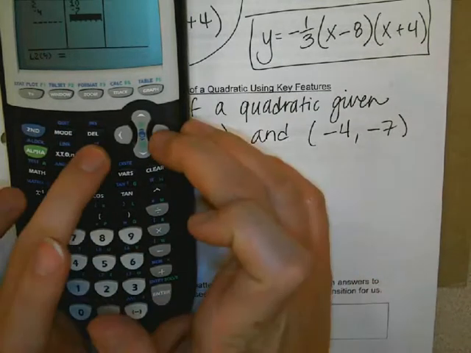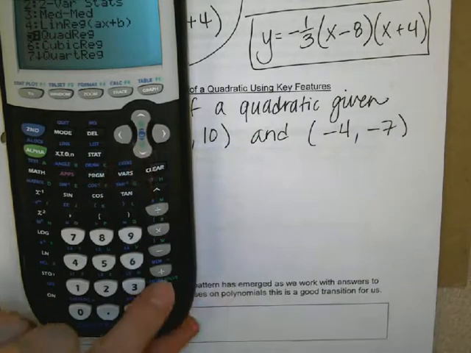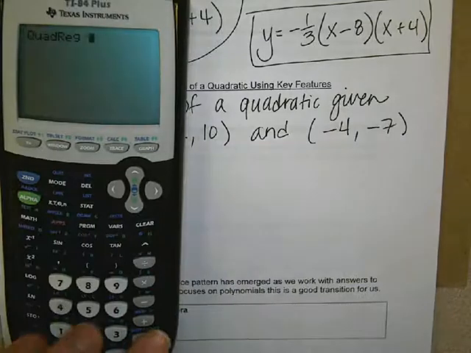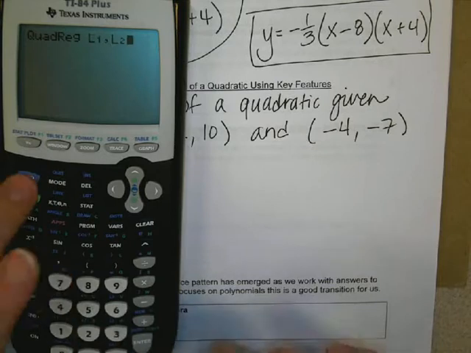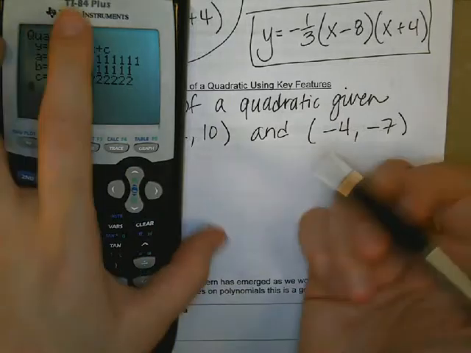Then I don't need to plot them because I know I want a quadratic equation. So then we go to the quadratic regression. I'm going to put in list 1, comma list 2. And you end up getting that equation. And so we write that down.